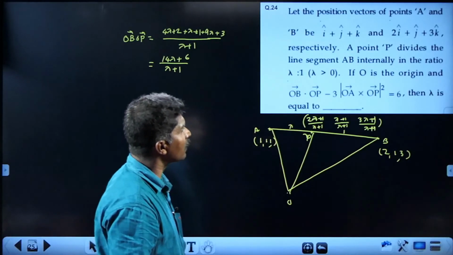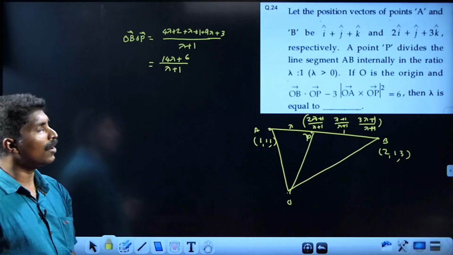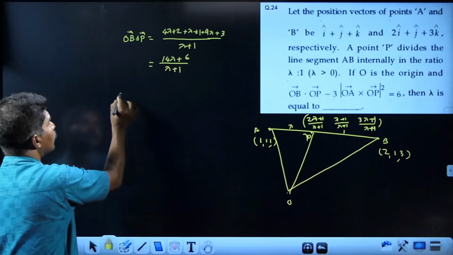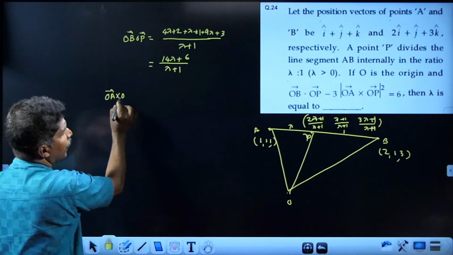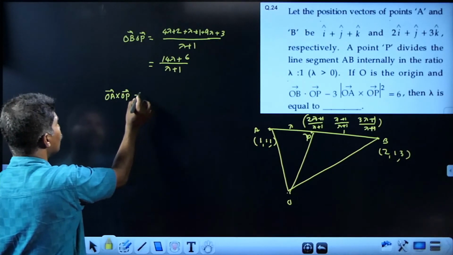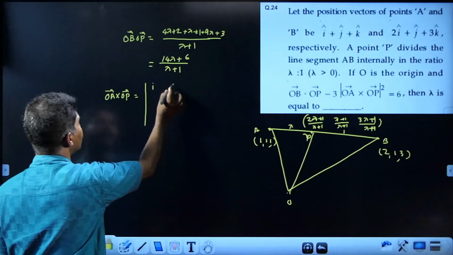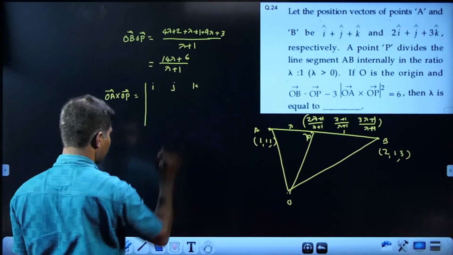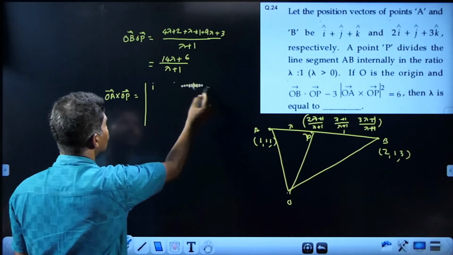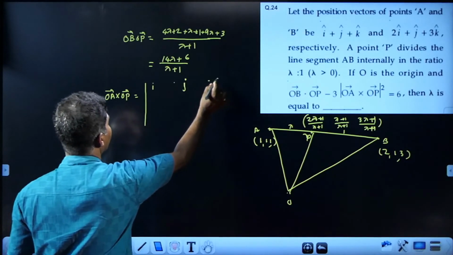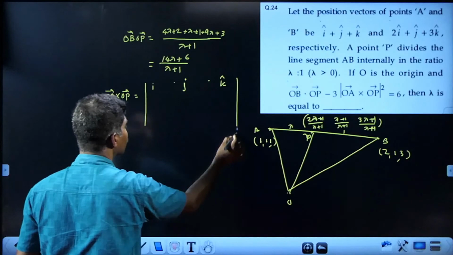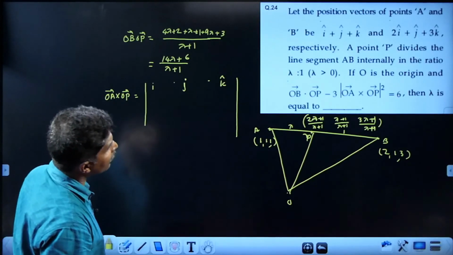For the second part, OA cross OP is there. We will calculate OA cross OP, for which we are going to write I, J, K. Leave some space. OA is 1, 1, 1.